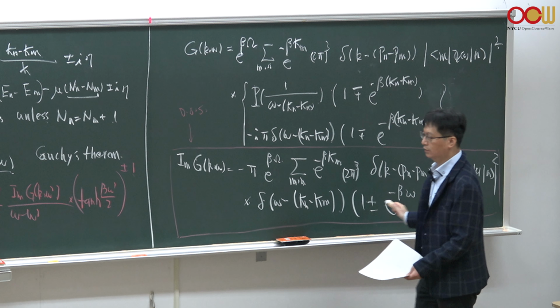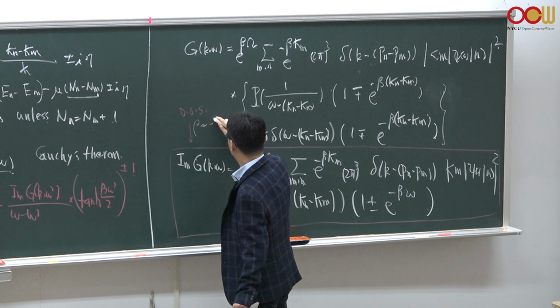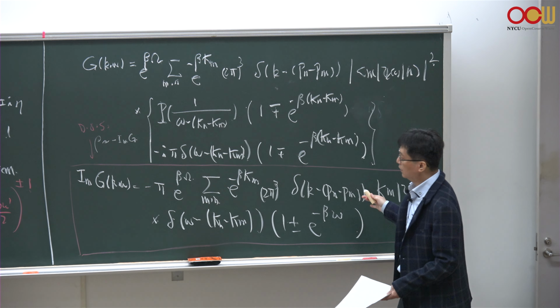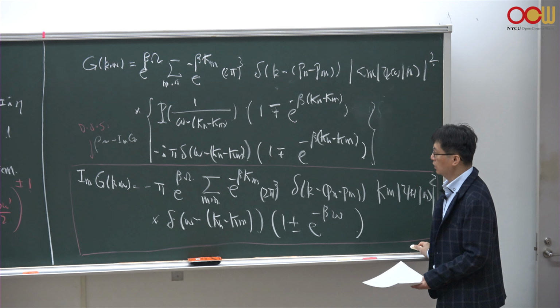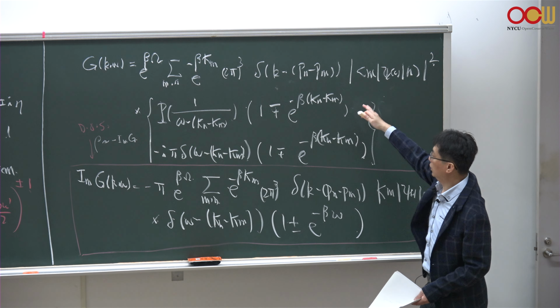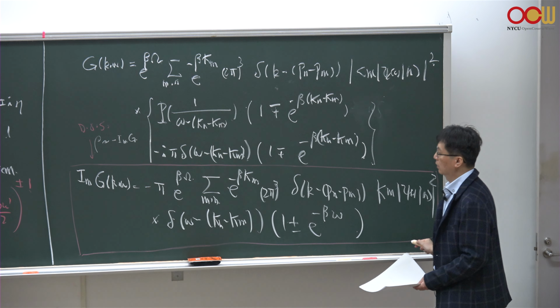Remember, we already defined this quantity ρ, which is proportional to minus the imaginary part of the Green's function, right? So this is the finite temperature generalization of such an imaginary-time Green's function, and you could check that there is a relation between the real part and the imaginary part of the Green's function.